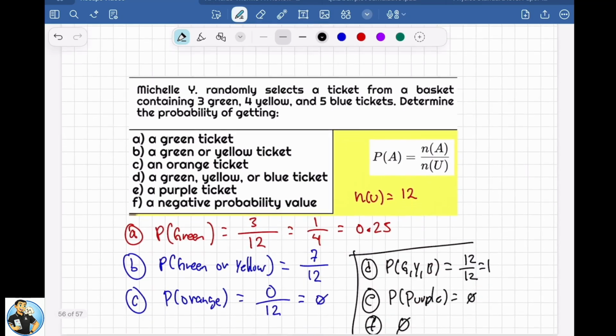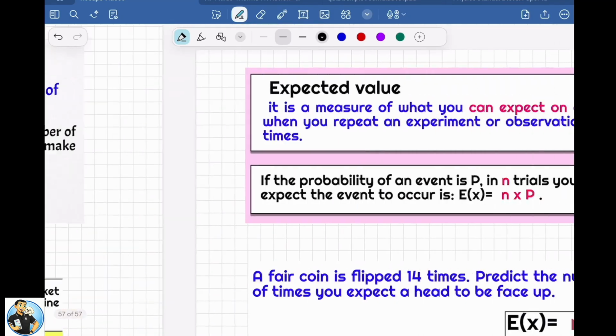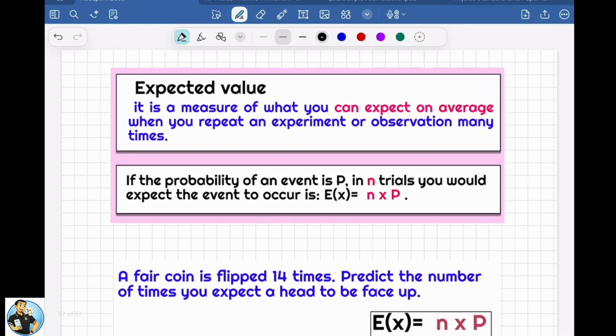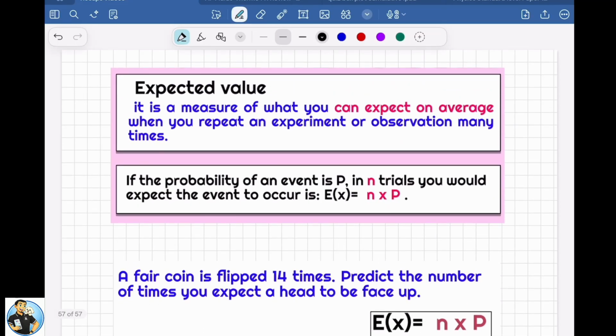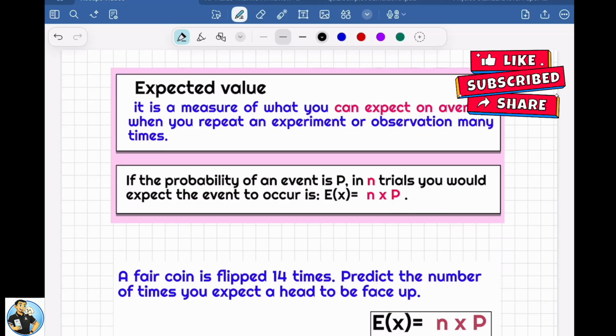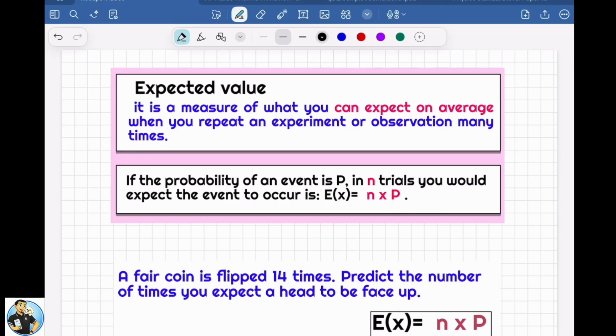To complete this example, we are going to talk about the expected value. The expected value is something very interesting because we can use it to make predictions or estimations. So what is this? Basically, expected value is the expected average that we are going to get if we perform an experiment.